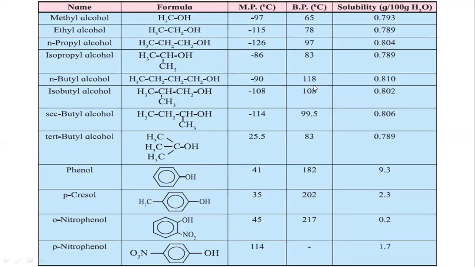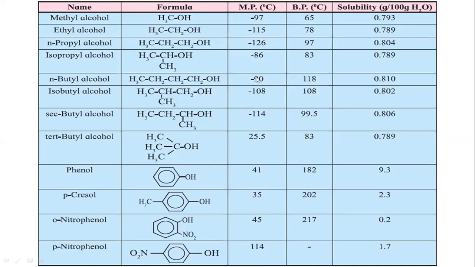On this, the question will be asked for the board exam. Why does n-butyl alcohol have the highest boiling point? The simple answer is that it is a straight chain and doesn't have branching. As the branching increases, the boiling point decreases. It will be asked for 1 or 2 marks.